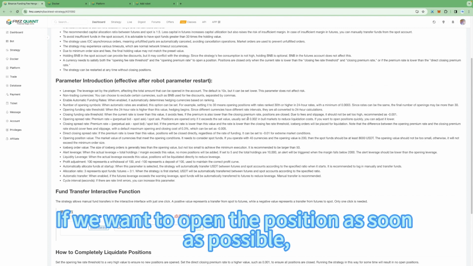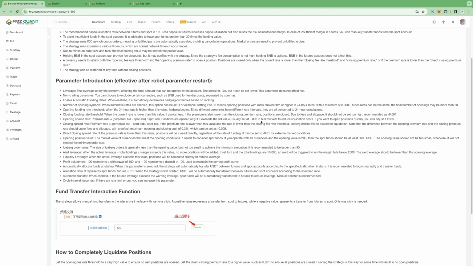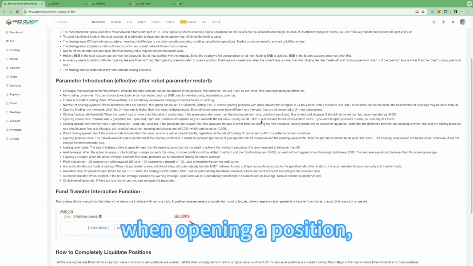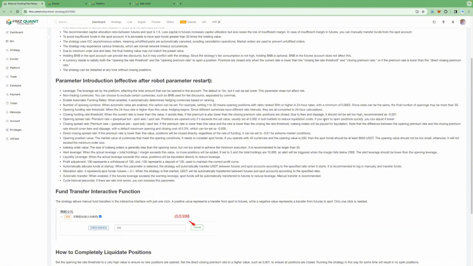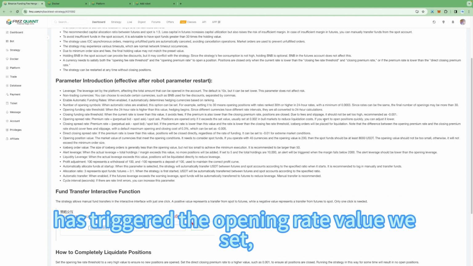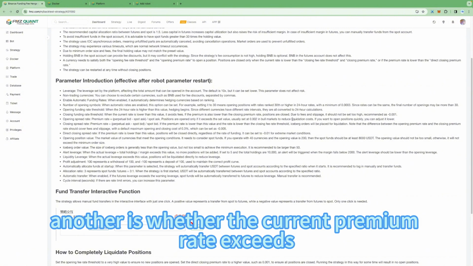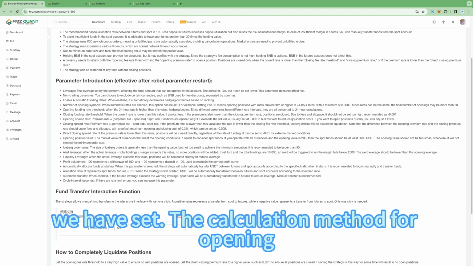If we want to open the position as soon as possible, we can also lower it a bit. That is to say, when opening a position, there are two influencing factors. One is whether the current rate has triggered the opening rate value we set. Another is whether the current premium rate exceeds the opening premium rate we have set.